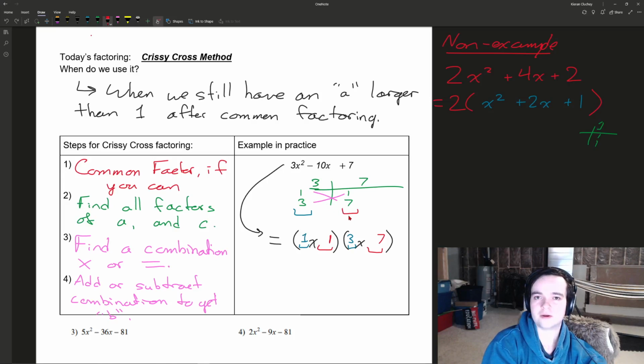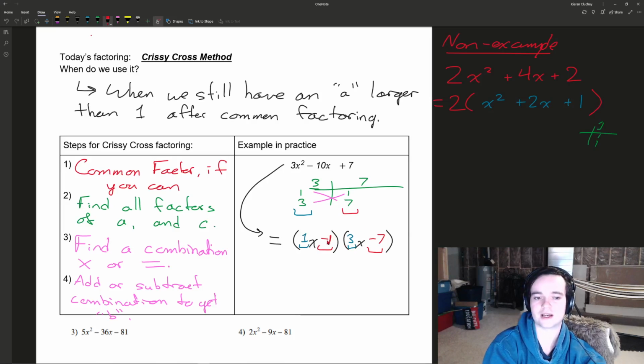Now we have to decide how to get negatives and positives. Well, let's use all the information we have at hand here. I have a positive 7 here, which means either they both have to be positive or they both have to be negative to get a positive 7. If I want that positive 7, but this negative 10, well, since I need that negative 3 and that negative 7, it looks like I need both of these to be negative, right?